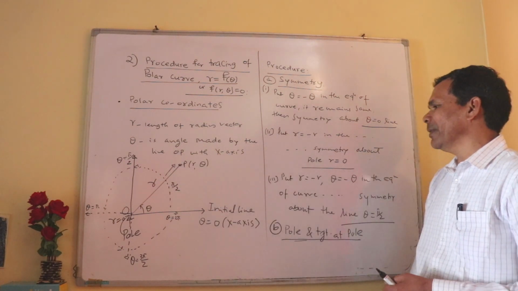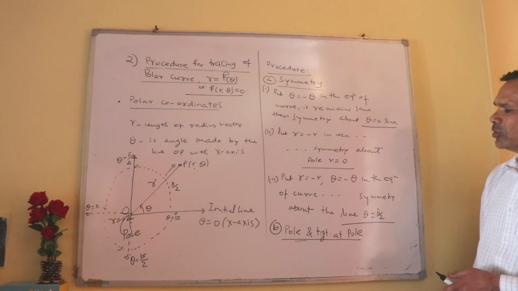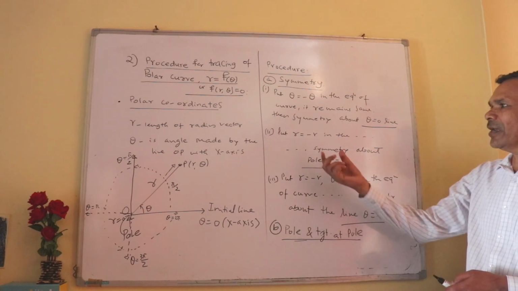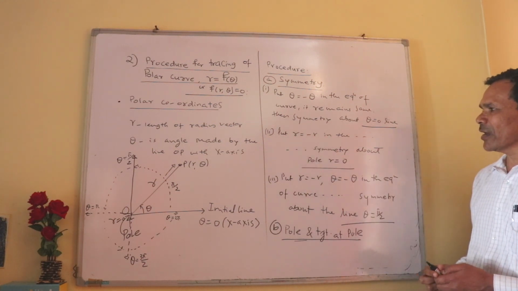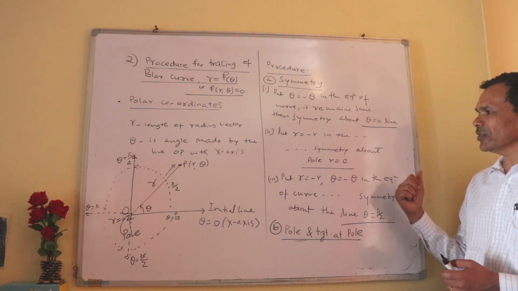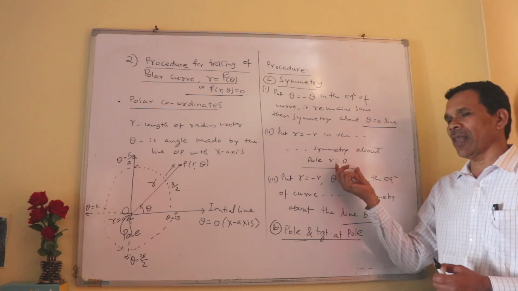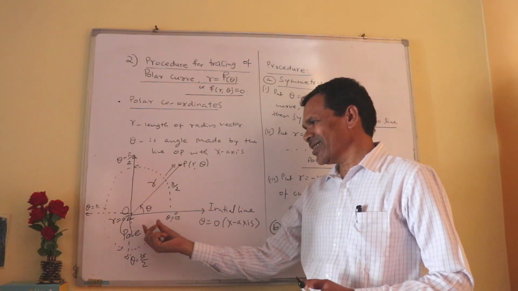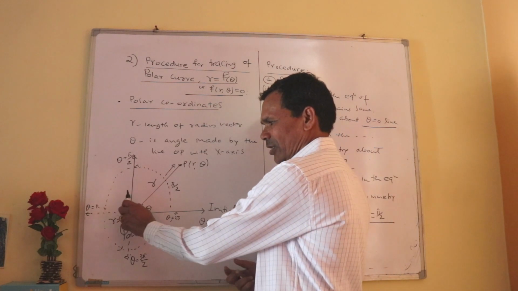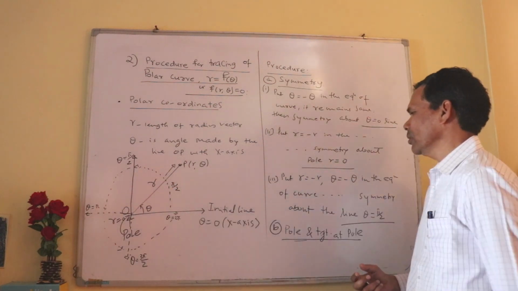That is the symmetry about the initial line, theta is equal to 0. Similarly, if we put r is equal to minus r in the equation of the curve and the equation remains unchanged, then the curve is symmetrical about the pole. Pole means r is equal to 0.